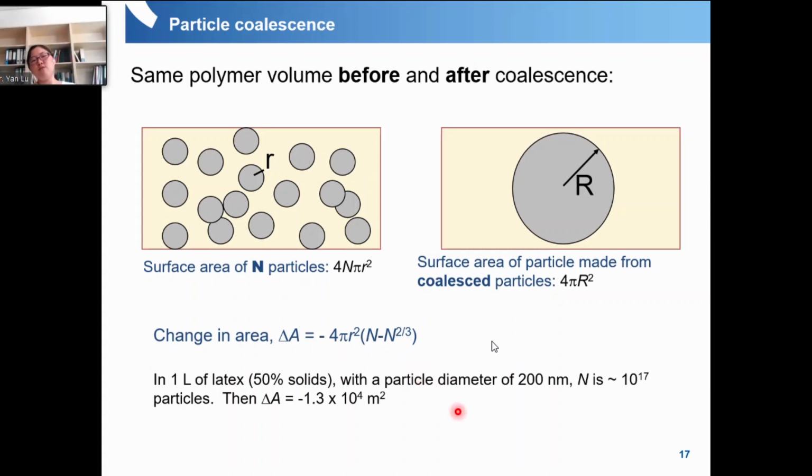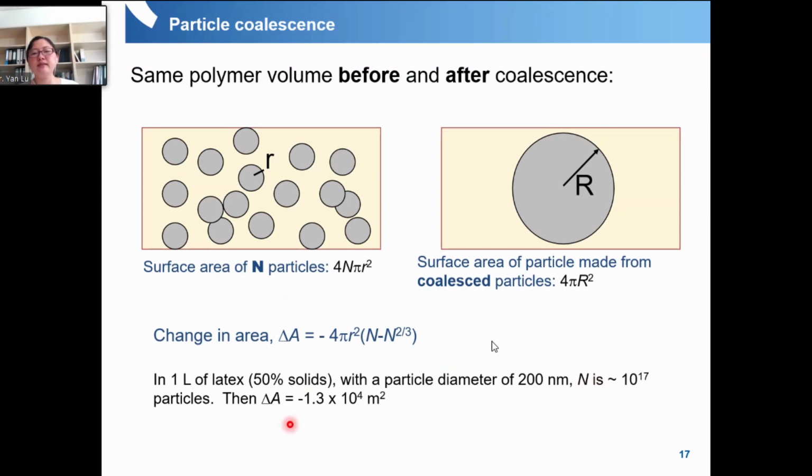So if we have 1 liter of this colloidal latex with a solid content of around 50%, and originally the nanoparticles have a diameter of 200 nanometer, then we can calculate it.